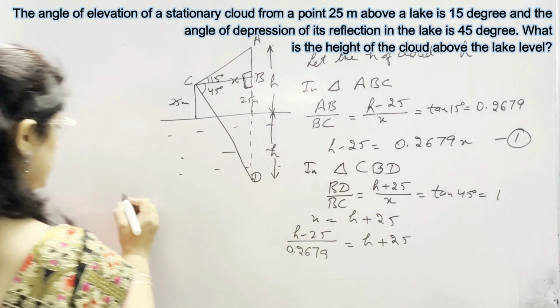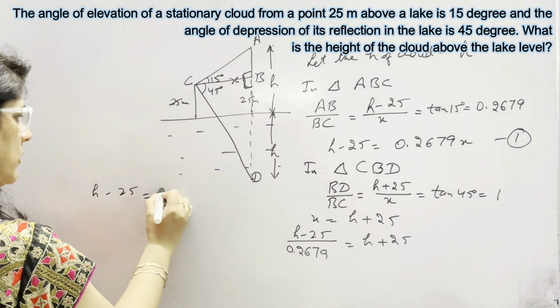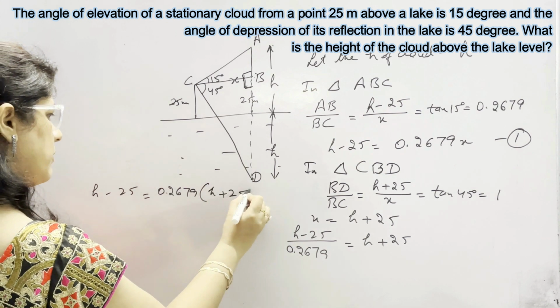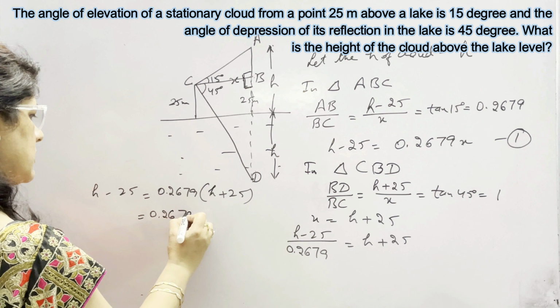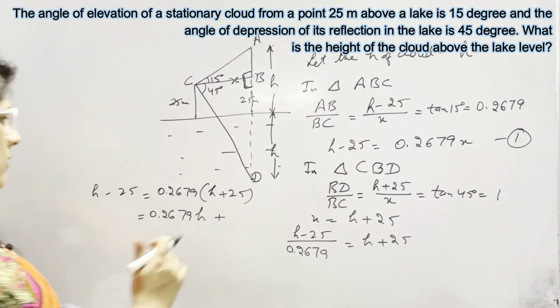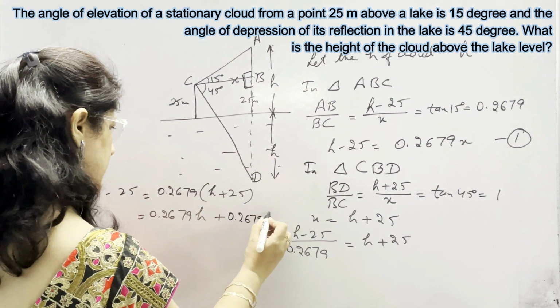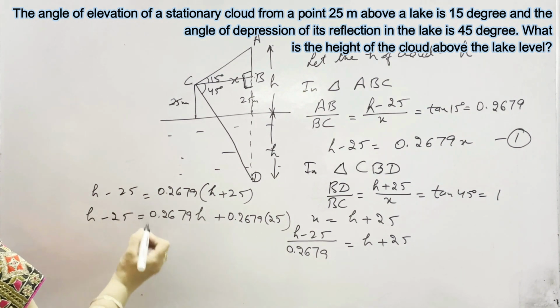Cross multiplying, h minus 25 is equal to 0.2679 times (h plus 25). Opening this bracket, 0.2679h plus 0.2679 multiplied by 25. And here h minus 25.